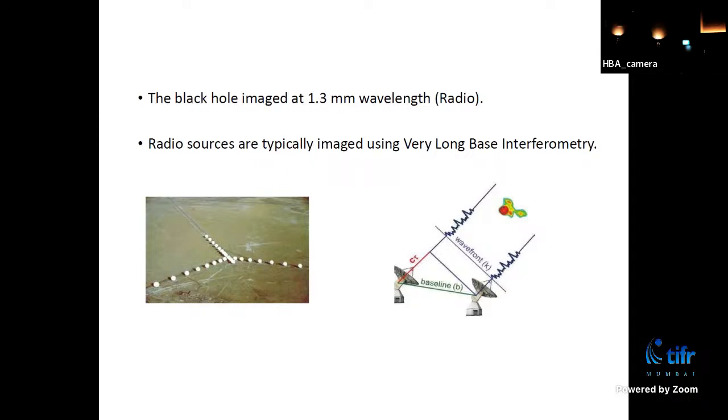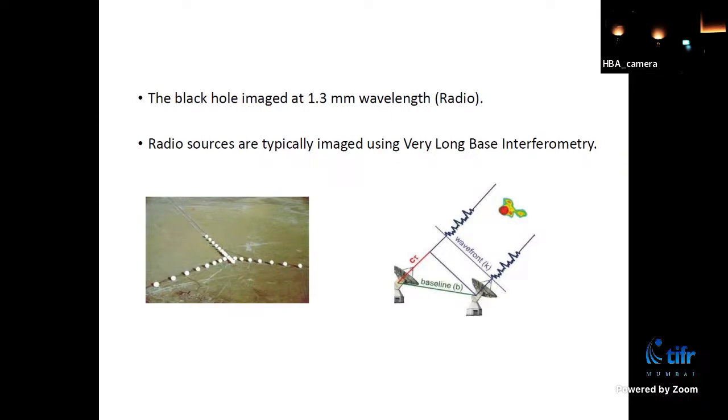When the radio waves hit the telescope, they are converted into electrical signals, and the electrical signals at different telescopes have a phase difference, which is related to the path difference in the light signals that come at the telescope. The information about the source is encoded in this phase difference. That's why people study the correlations between the voltages measured at different telescopes, and these correlations can be used to reconstruct the image of the source.